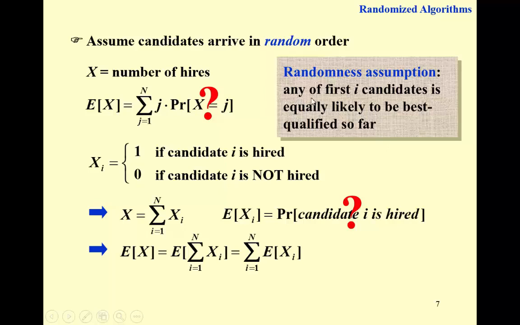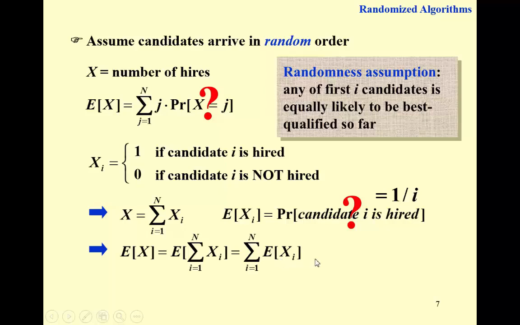That is, any of the first I candidates is equally likely to be best qualified so far. Without this assumption, we won't be able to continue. So equally likely means everyone has the same chance of being the best for the first I candidates. So what is this value then? It's just 1 over I, right?